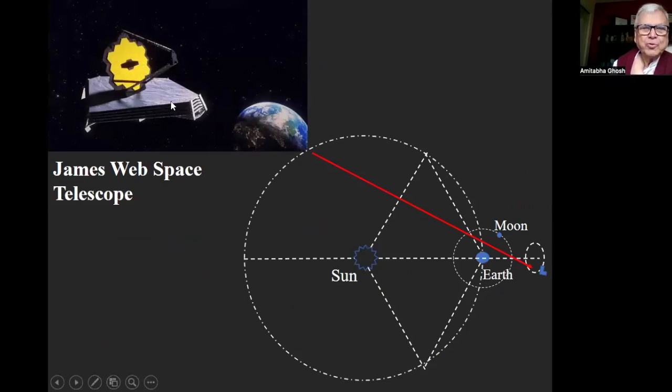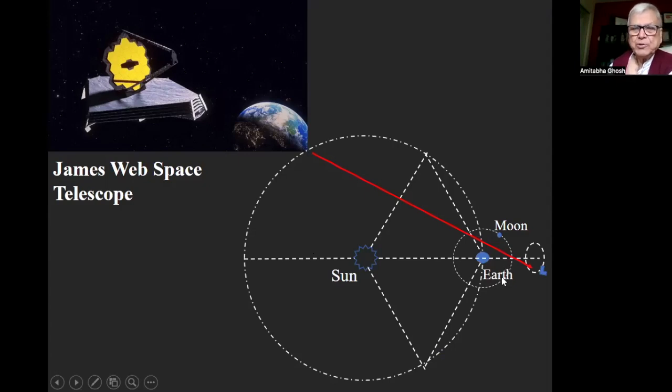Incidentally, the company where my younger son works is the one that built this. Then I think it was placed at Lagrangian point 2. This is the sun, this is the earth. I'll not go into the mathematical details of Lagrangian points, but the object is rotating, because it cannot be stationary, it has to rotate around the sun, then the moon has to rotate, anything you put has to rotate.